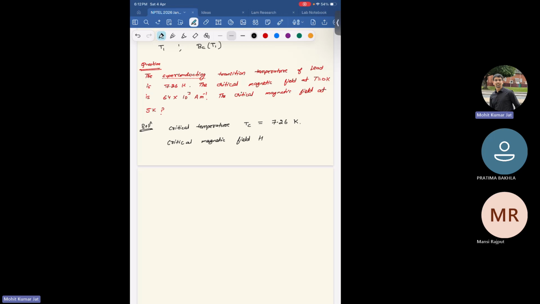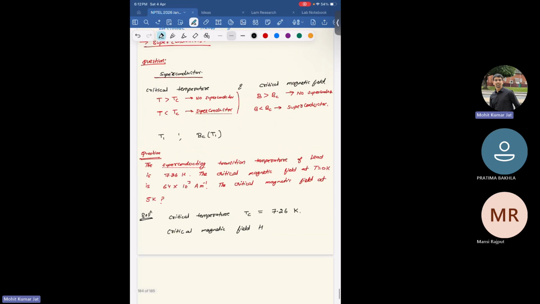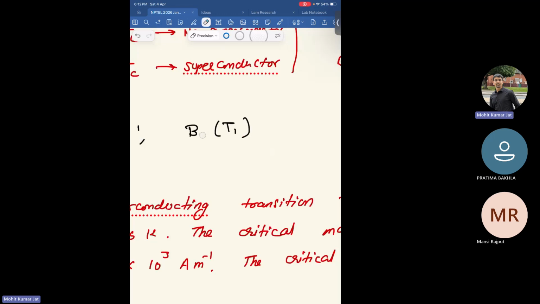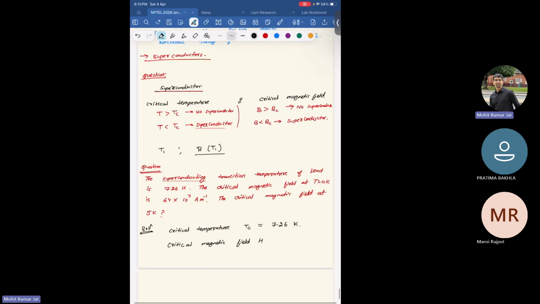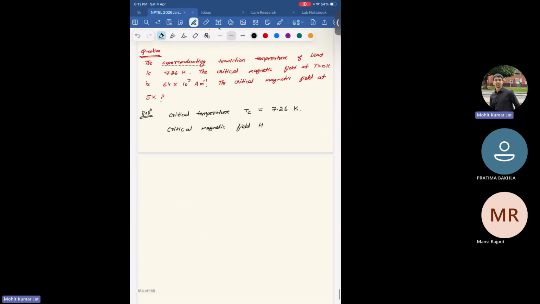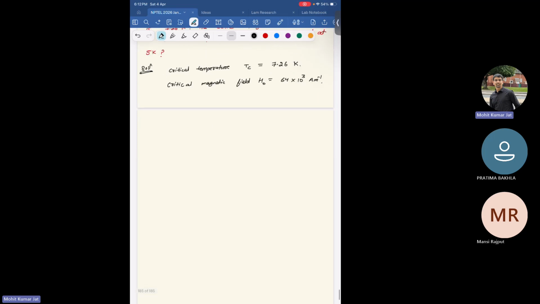The critical term we define when, if the temperature is zero, the magnetic field we call critical. If the magnetic field is zero, then the temperature till which it remains superconducting, we call that also critical. That's the convention generally used, but the temperature till which the material remains superconducting does change with the magnetic field, as I said earlier.